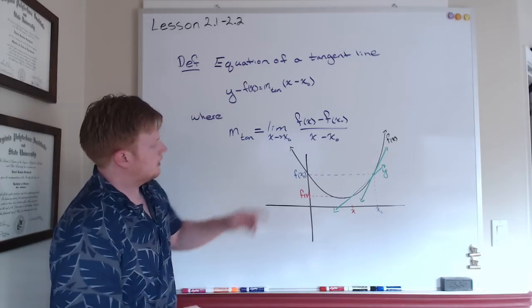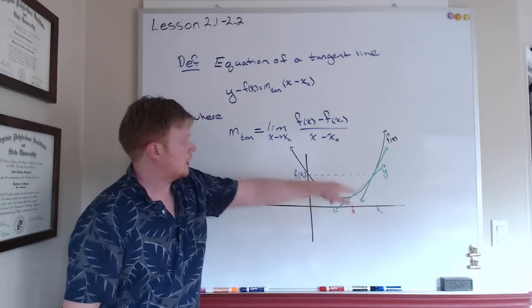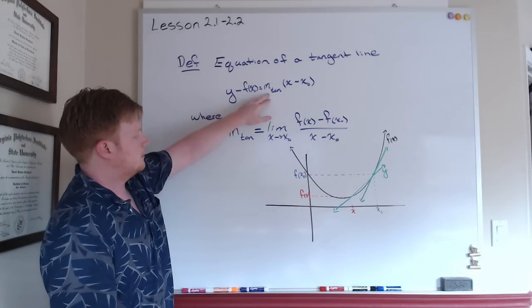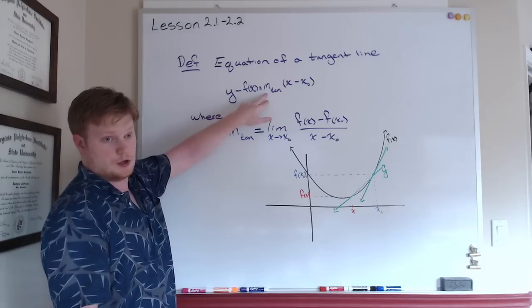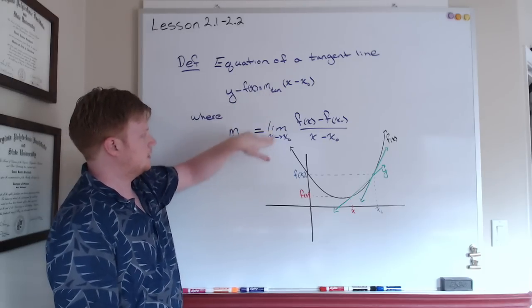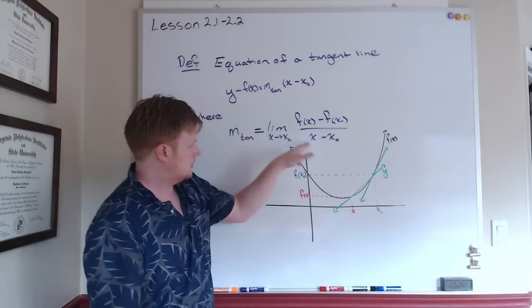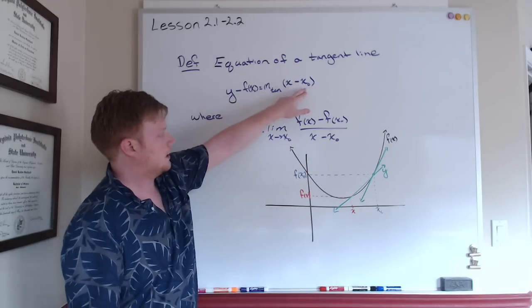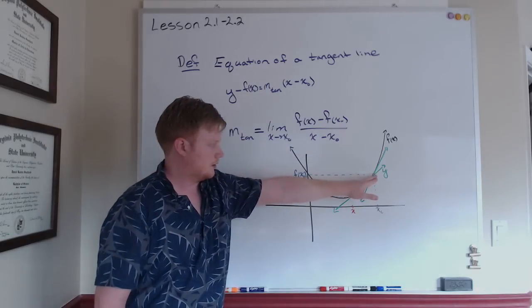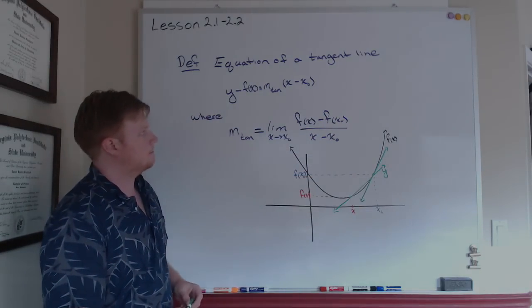And then the equation for that tangent line comes from the point-slope form of the equation of a line, where the slope is the slope defined here, and the y and x coordinates are of that point x naught.